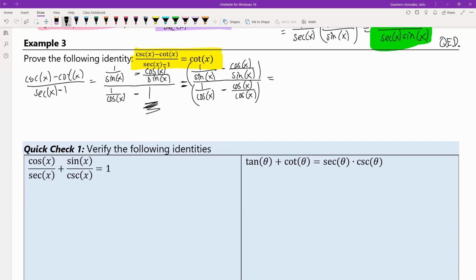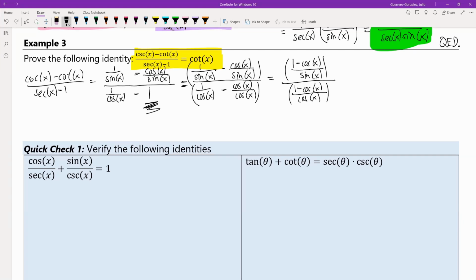With the top, I can combine this way: 1 minus cosine of x over sine of x. And with the bottom, I can do 1 minus cosine of x over cosine of x. Hopefully you realize we have a fraction of fractions.